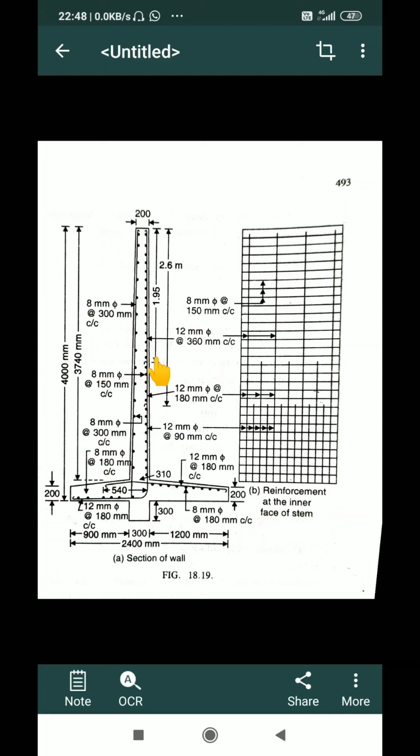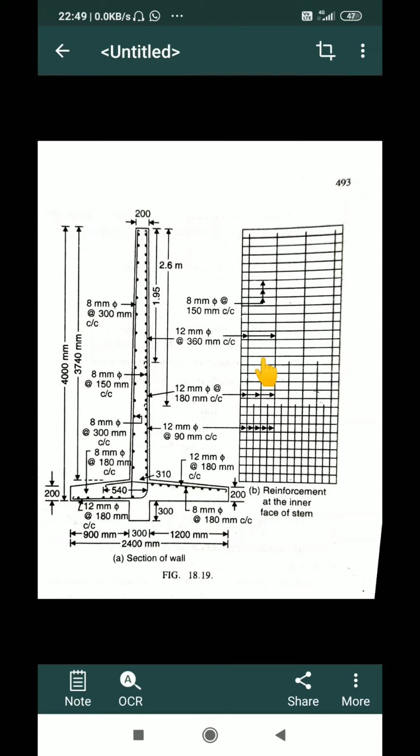Suppose the total height is 4000 mm, 4000 divided by 3, whatever value I get, till that length I will provide 12 mm dia vertical bars at equal intervals of 90 mm center to center.